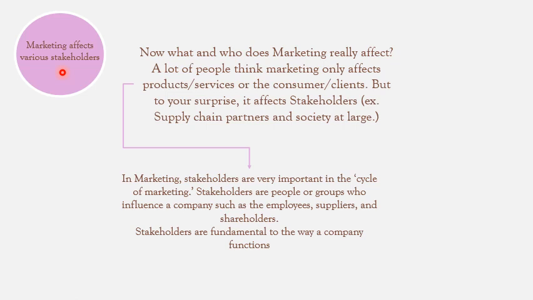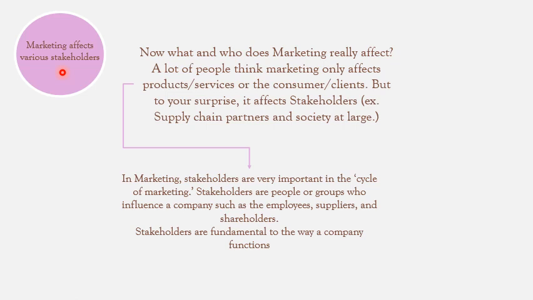A lot of people think marketing only affects products/services or the consumers and clients, which are us. But to your surprise, it affects stakeholders. And these stakeholders, for example, if you didn't know what they were like myself, these stakeholders are supply chain partners and society at large. In marketing, stakeholders are very important in the cycle of marketing.